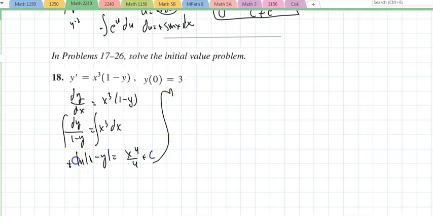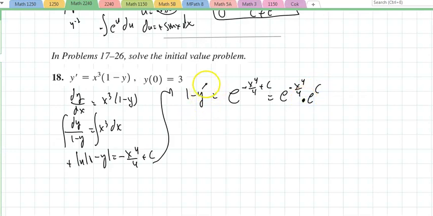And if I change the signs, I'll get 1 minus y equals e to the negative (x to the 4th over 4 plus c), which is really e to the negative x to the 4th over 4 times e to the c, something you should get used to.